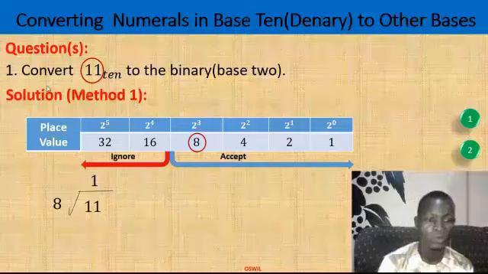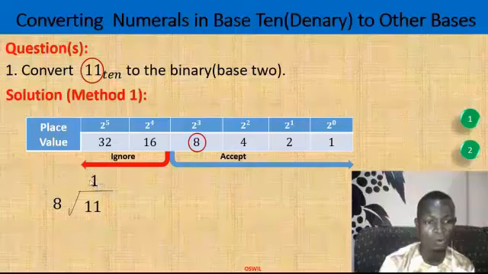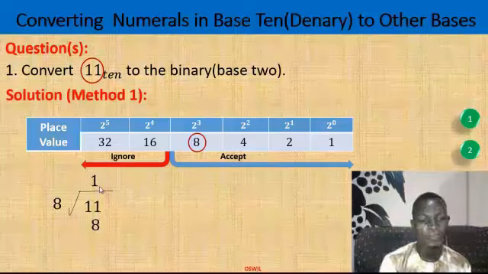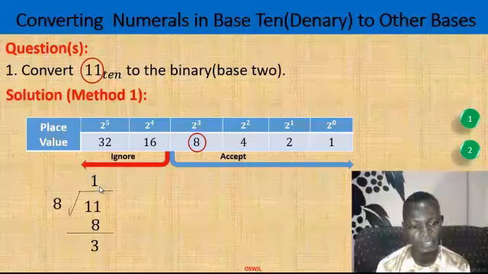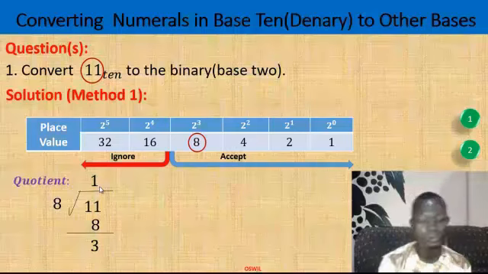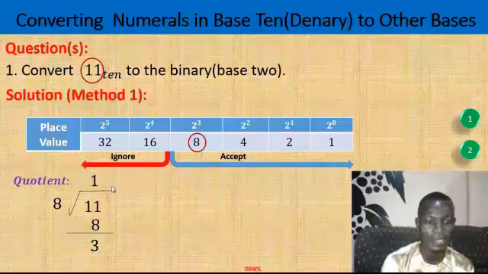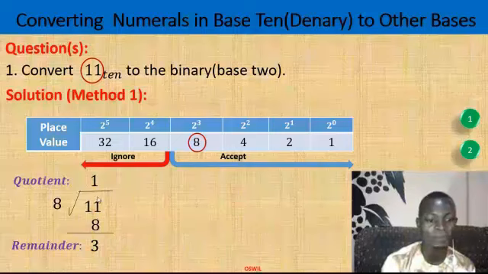Then we multiply 8 by the 1 on top of the root sign to get 8, as you see on the screen. Our next step is to subtract 8 from 11, giving us 3. The number on top of the root sign is our quotient. The number gotten by subtracting 8 from 11, which is 3, is the remainder.